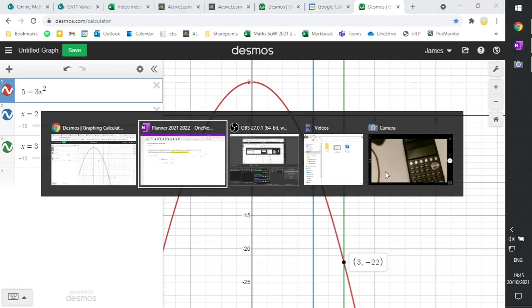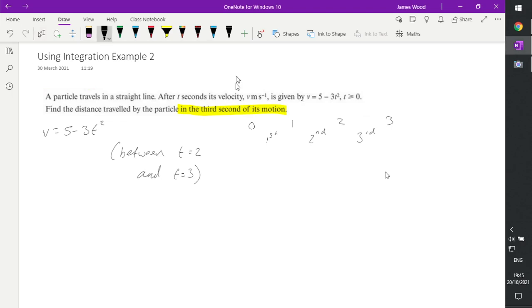So I can do that as a definite integral. So that's going to be the integral of 5 minus 3t squared dt between 3 and 2. Okay, and you can either do that by hand or you could do it on your calculator, but let's just do it by hand here to demonstrate how this works.